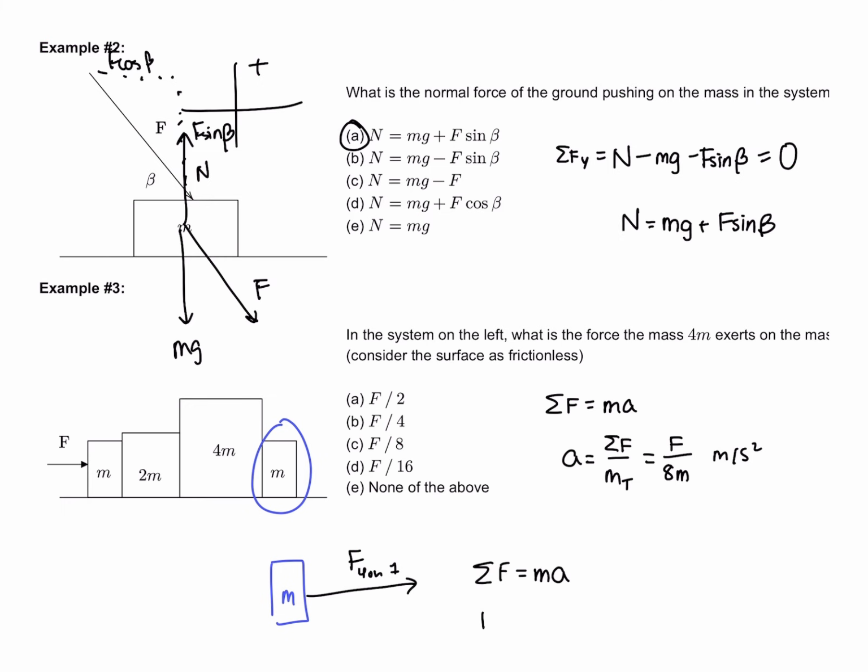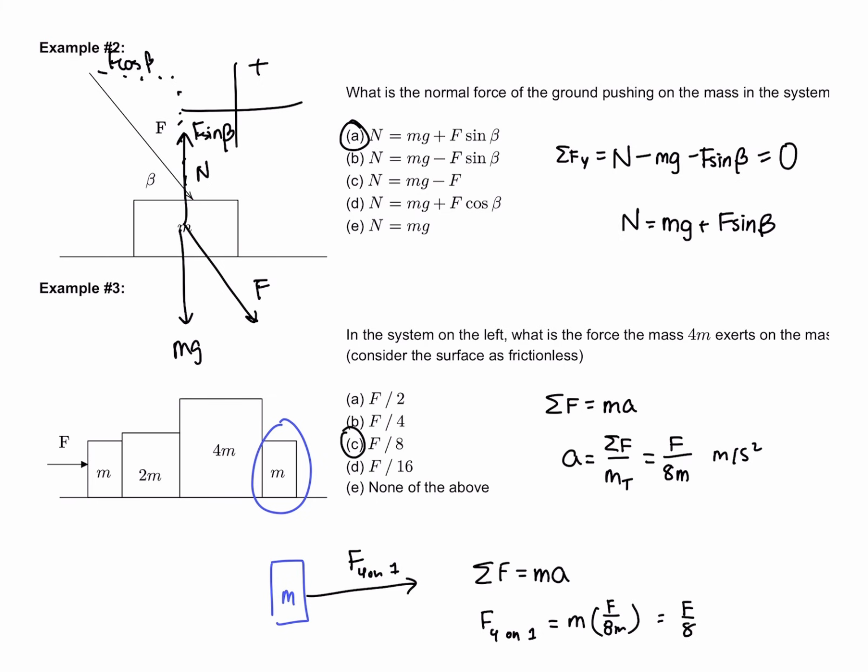In this case, the force of 4 on 1 is just equal to this block's mass, which is m, times the acceleration, which we already found earlier, which is F by 8m, so it should be equal to F by 8.